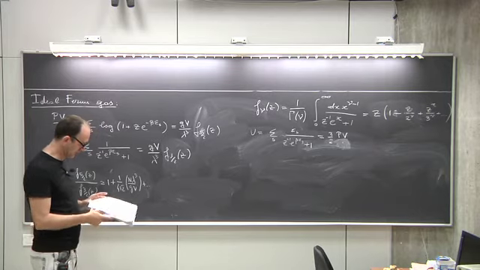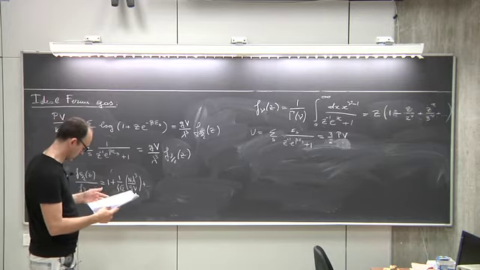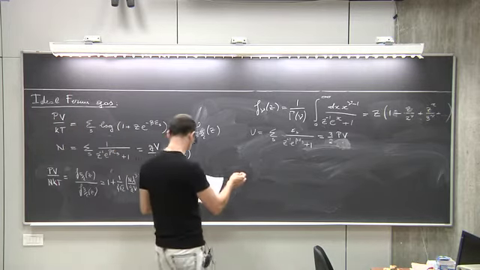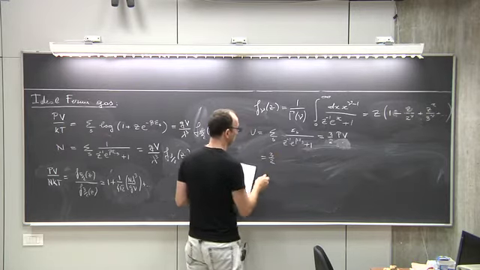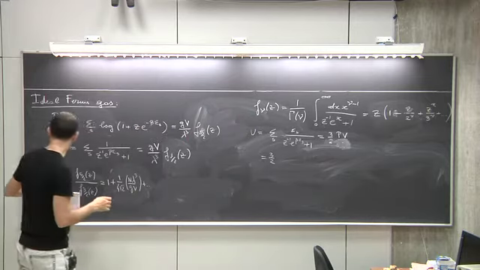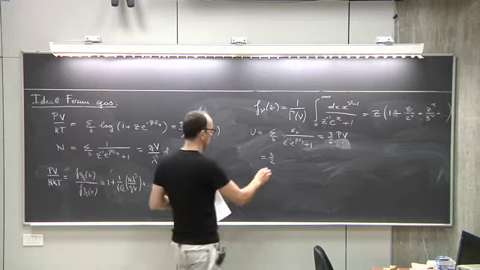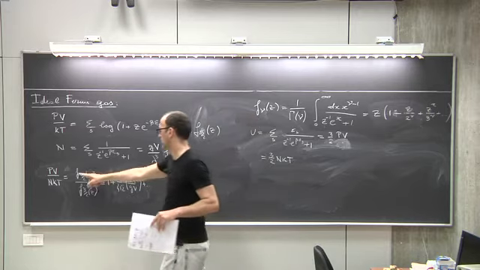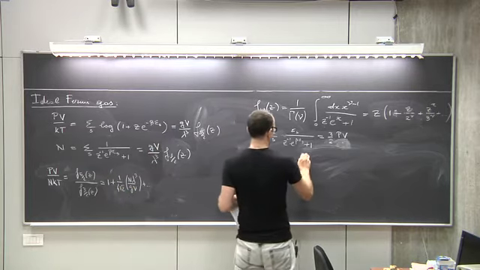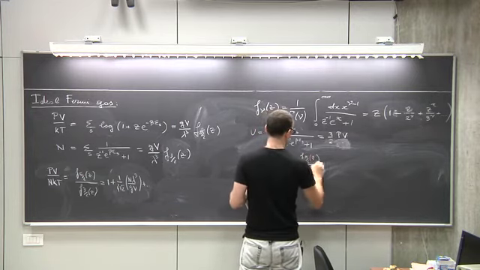Okay, so from this you can write that the energy is 3/2 N kT times this ratio of these two functions, f_{5/2}(z) over f_{3/2}(z).